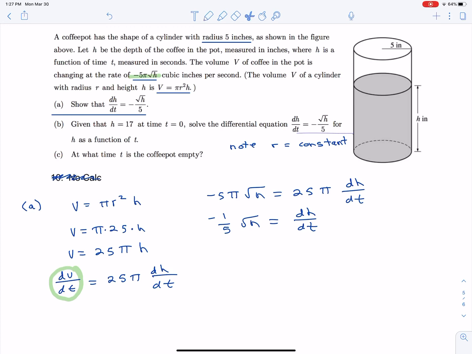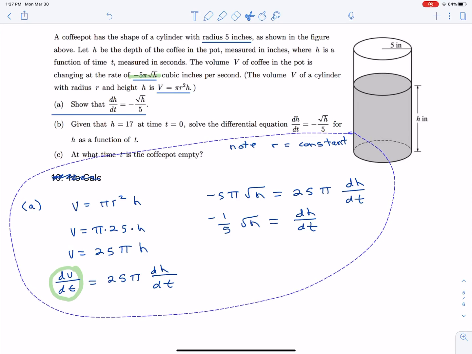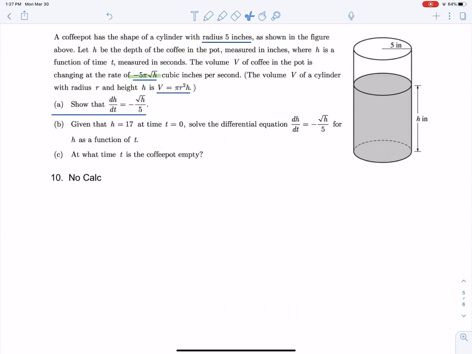So I'm going to get rid of everything here so I have some room to work. Okay, we are given dh dt equals negative square root of h over 5. I'm going to use separation of variables to rewrite this with h's on one side and t's on the other.